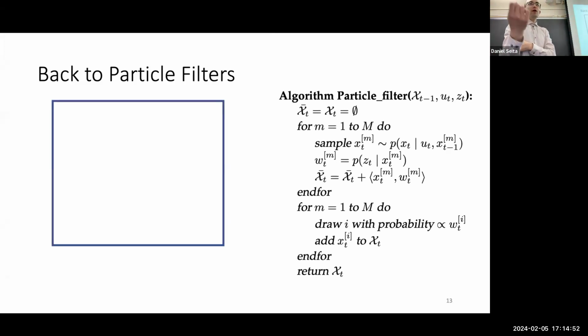Particle filters, I think, are easiest to think about when you have some space where a robot might be located, and you're trying to localize it, find its location. Each dot in here is going to be one hypothesis of where the robot might be.